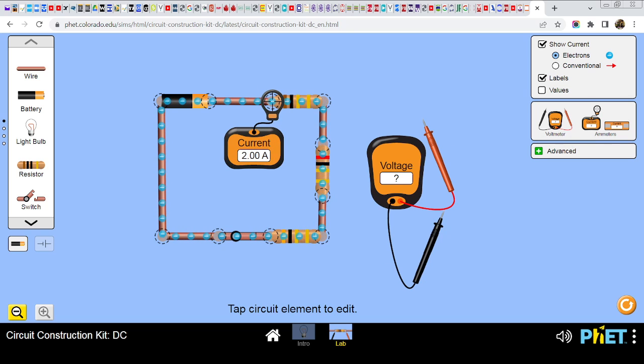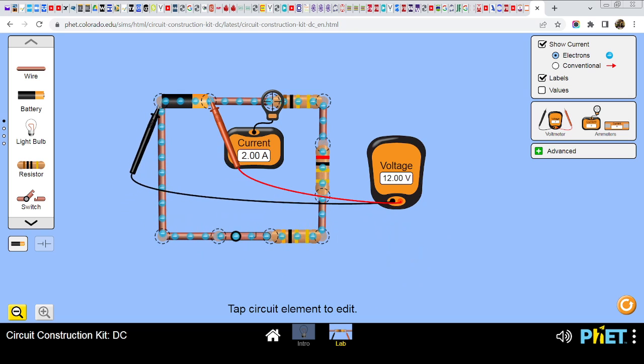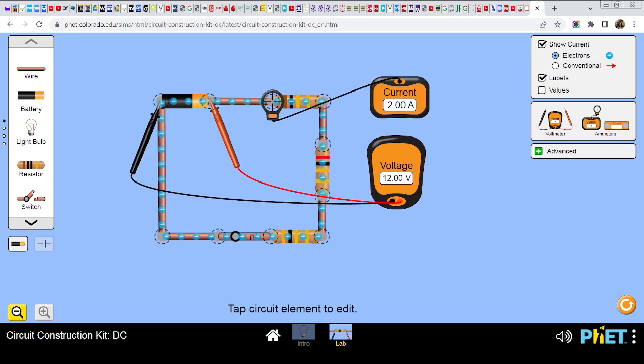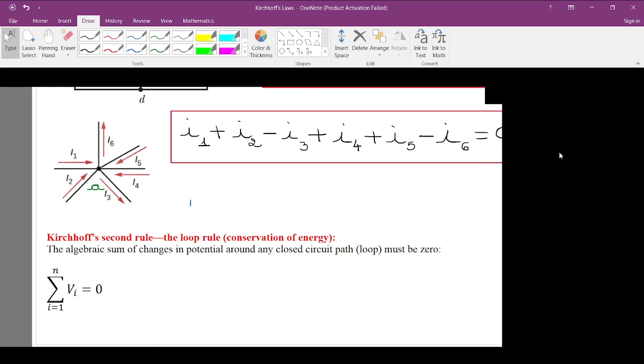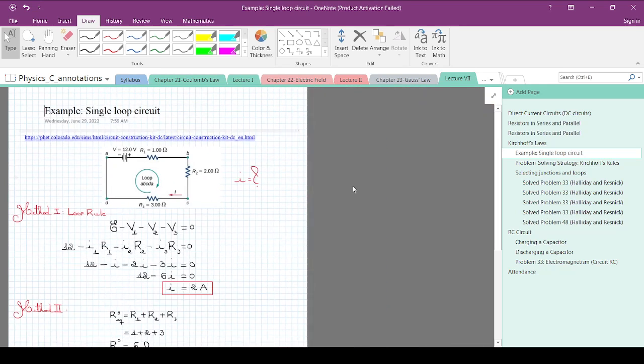As you can see, guys, the current here is 2 amperes, as expected, as we calculated using the equivalent circuit technique and Kirchhoff's law. Oh, beauty, this is so beautiful. Physics, mathematics.